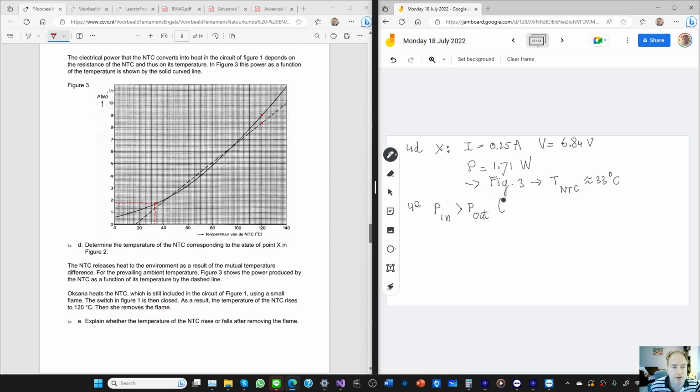See figure 3. So this is about 9 watt, and this is about 8.3 watt. So what does that mean? Well, the T of the NTC will increase. There's a net heat flow in.